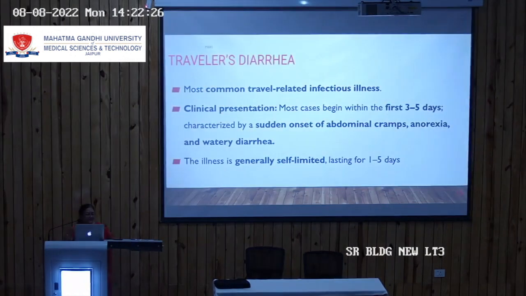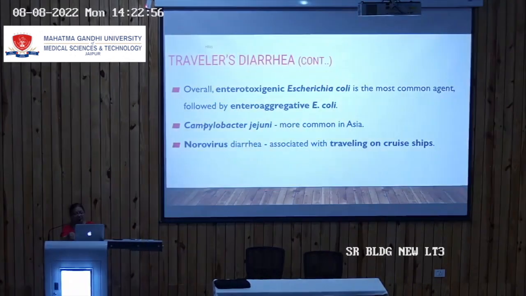Now there is one term, traveler's diarrhea, mostly travel-related infectious illness. The diarrhea generally presents in the first 3 to 5 days, and is characterized by sudden onset of abdominal cramps, anorexia and watery diarrhea. The illness is generally self-limited, lasting for almost 1 to 5 days.